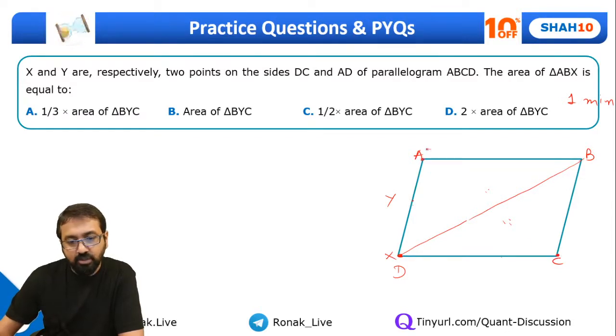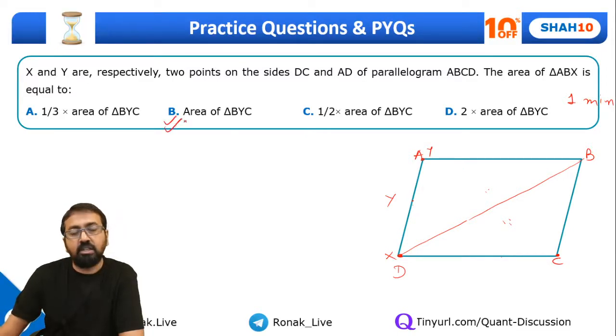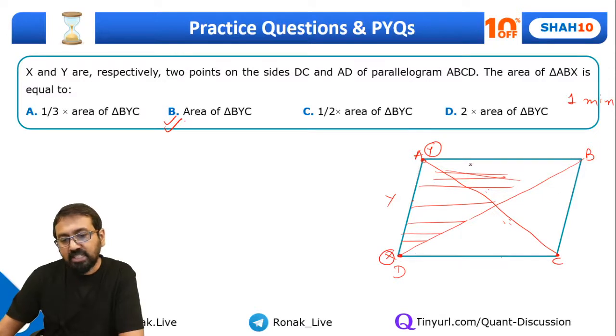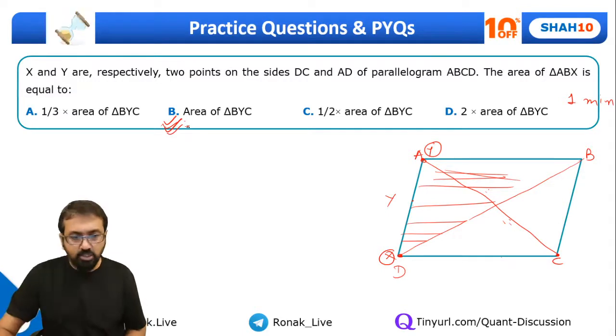Or somewhere over here, wherever you take, ultimately both these areas will be equal. This is what I'm trying to say, right? So this area will be equal to, suppose I am taking point Y over here, so again can I say BYC? So that is also half of the parallelogram. So these two areas are equal. I hope all of you have understood this. It's a very simple thing.